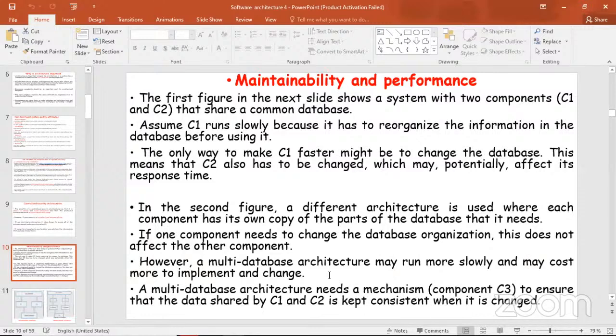So it just continues to work. However, a multi-database architecture may run slowly and may cost more to implement. Now, a multi-database architecture needs a mechanism, which is component C3, to ensure that the data shared by C1 and C2 is kept consistent when it is changed.